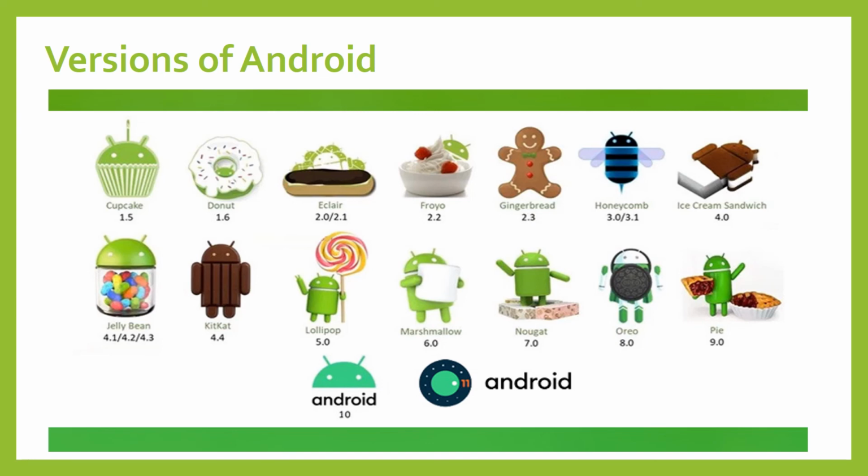In September 2019, Android 10.0 came, and in September 2020 came Android 11. Hopefully in 2024, we are expecting a newer release, Android 12, from Google.